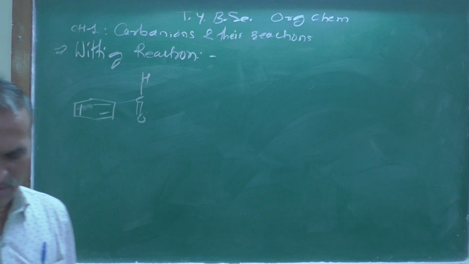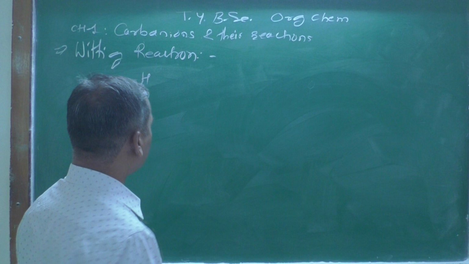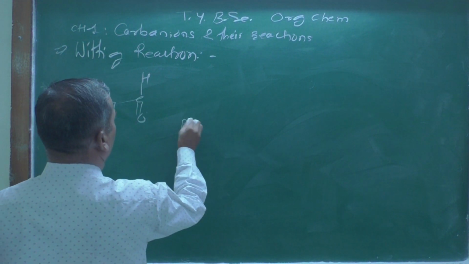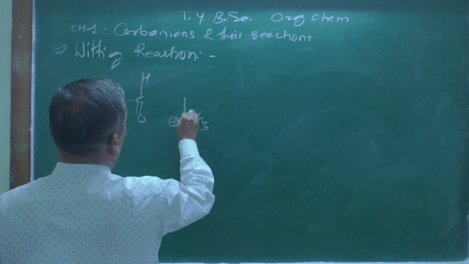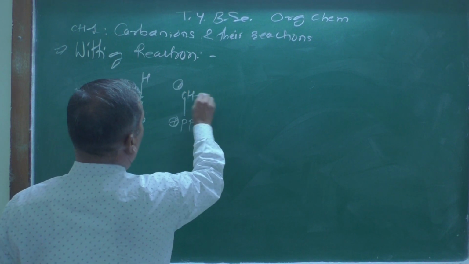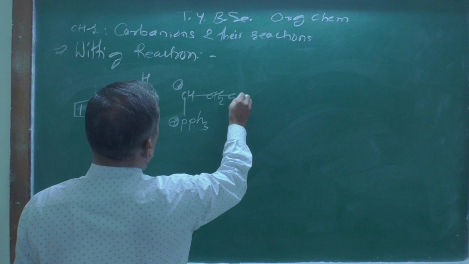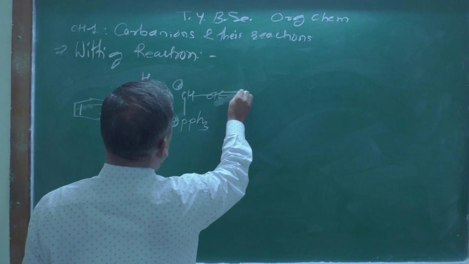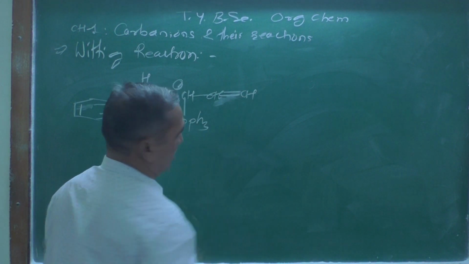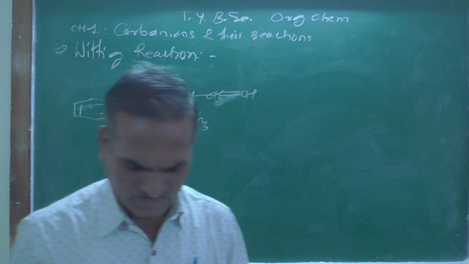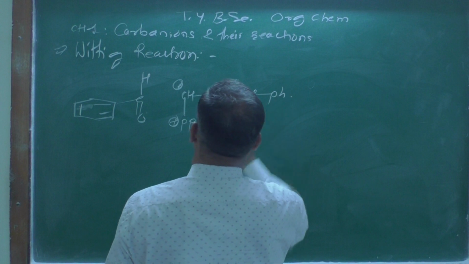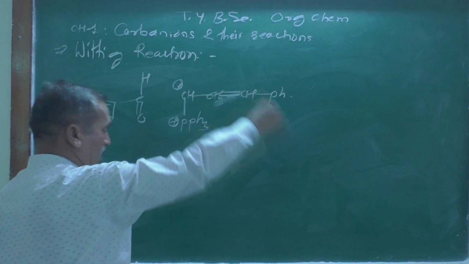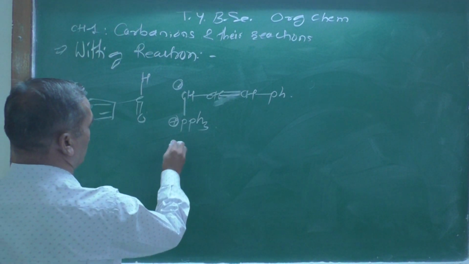And now a different ylide, like Ph3P with a positive charge, CH with a negative charge here, maybe CH2, or CH=CH, and maybe Ph here. This type of reagent is called a modified Wittig reagent.